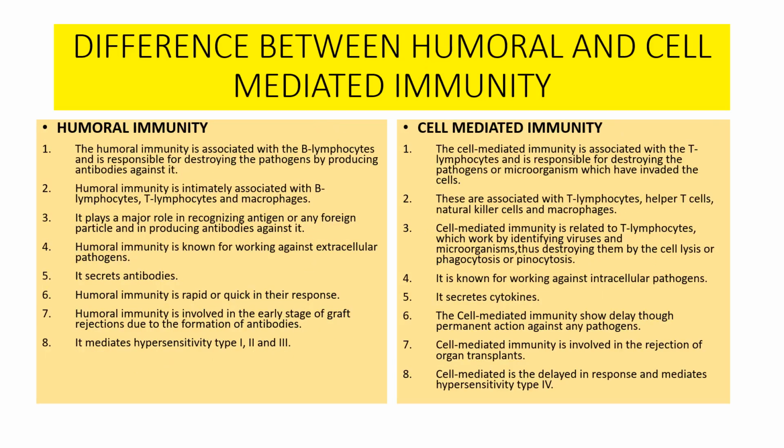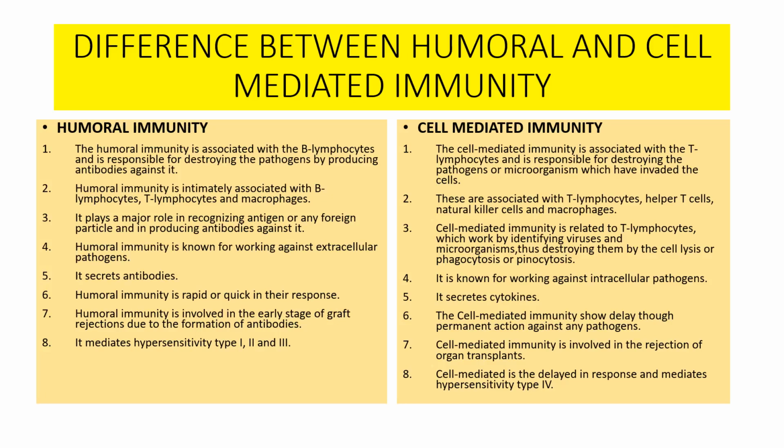Now coming to the difference between the humoral and cell-mediated immunity. Humoral immunity is associated with B lymphocytes and is responsible for destroying the pathogen by producing antibodies against it. Whereas cell-mediated immunity is associated with the T lymphocytes and is responsible for destroying the pathogen or microorganisms which have invaded the cells.